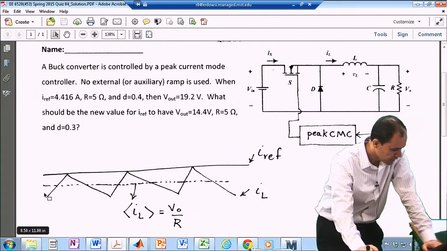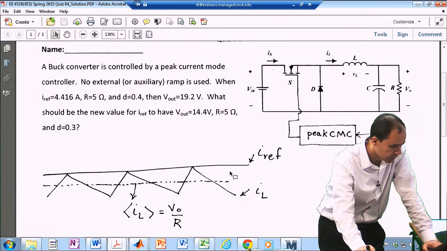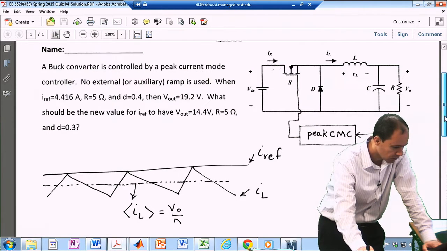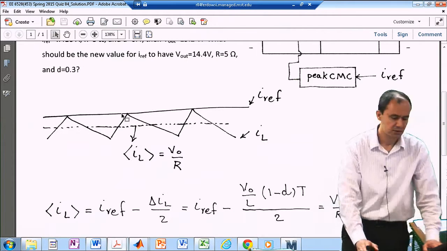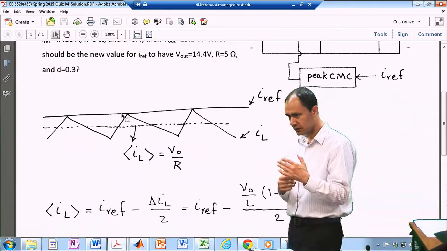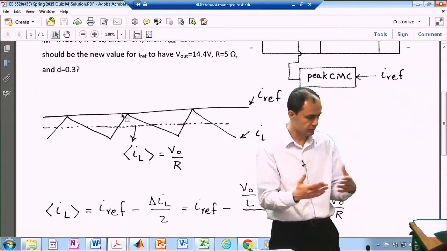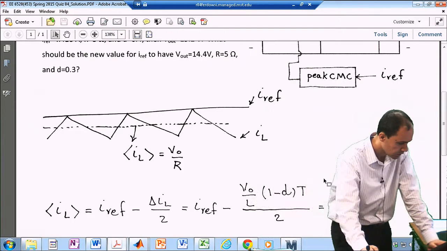So we pretty much have the average value of the signal as well, which is this dotted line over here, which is 19.2 over 5. All right? And the distance between this dotted line and the reference is half of the peak-to-peak ripple in the inductor current, which is delta IL over 2.